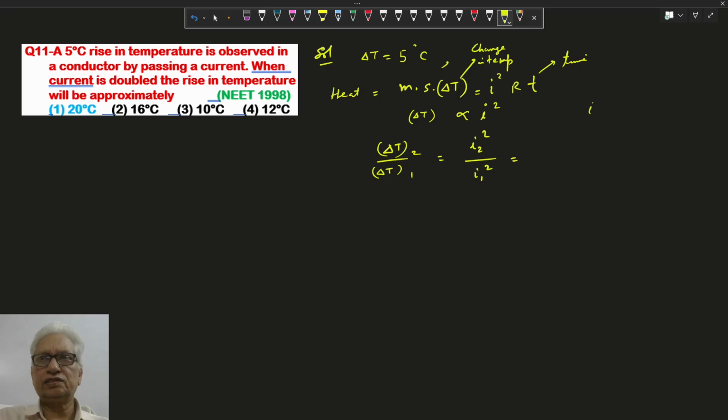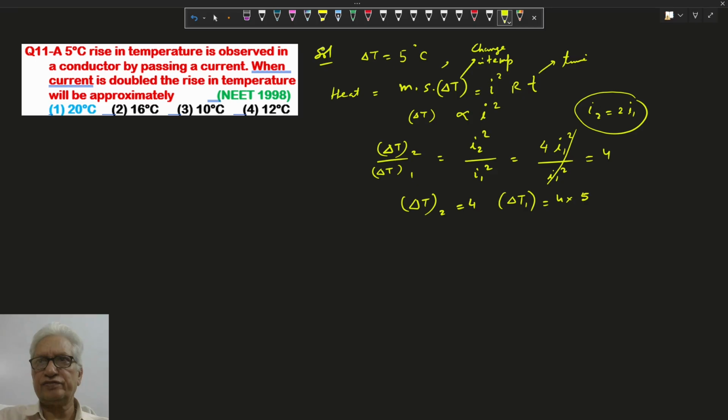I2 is double the initial current, so 4 I1 square upon I1 square, cancel, 4 comes. The change in temperature in the second case is 4 times the change in temperature in the first case. 4 into 5 degree, so 20 degree temperature rise.